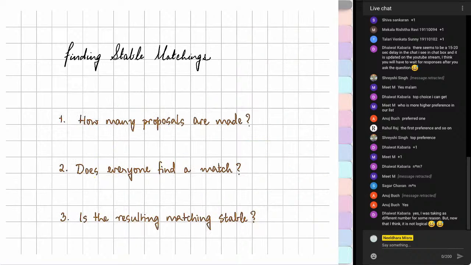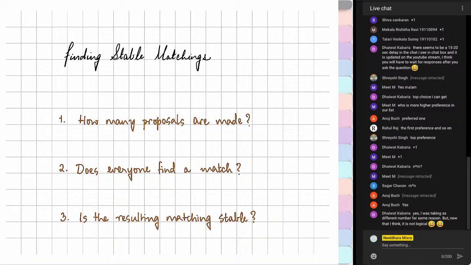And the next thing we want to think about is if everybody finds a match. So we know that the algorithm is going to terminate because the algorithm is driven by proposals, and we see that the number of proposals you can make is bounded by n squared, as we just discussed. So when we are done and dusted, the question is, does everybody actually find a match? So what do you think?